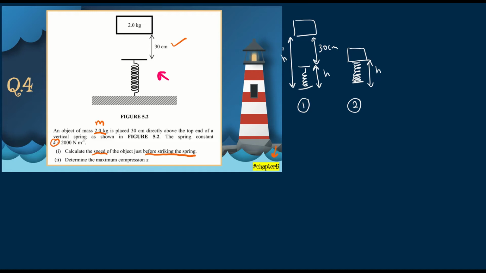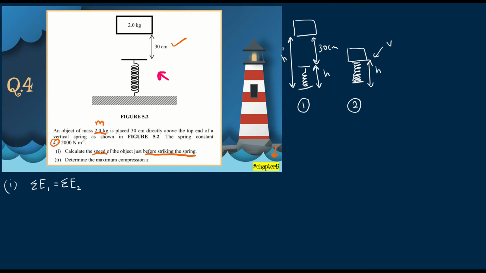So answering the first question, we want to calculate the velocity here, the velocity when the object is at height h just before it strikes the spring. To solve this question, we are applying the conservation of total energy: total energy for situation 1 is equal to total energy for situation 2.